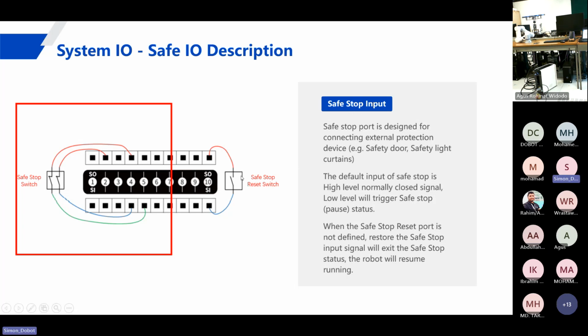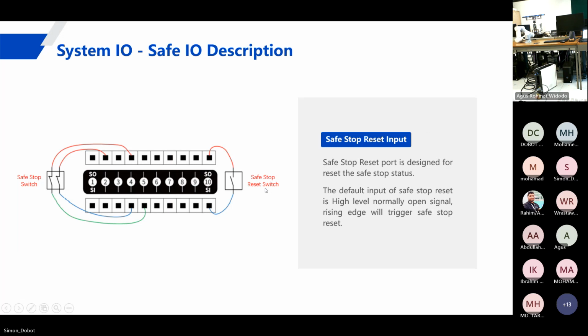If you configured the safe stop reset, you need to connect another reset button. Once this one is triggered, you need to press here to restart the motion. Okay, the safe stop reset button.